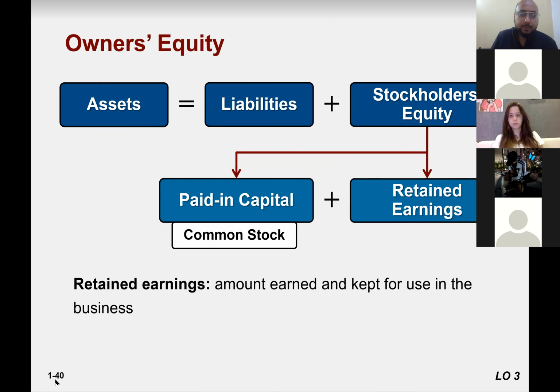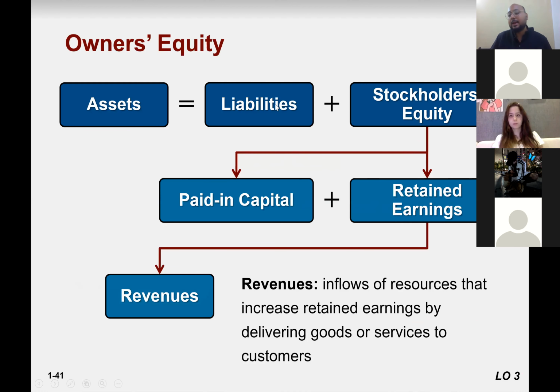Good. And now, how do we find out the retained earnings? Simple: sales minus all expenses, right? So what is sales? We call this revenue. Revenue and sales are the same words, so don't confuse them.